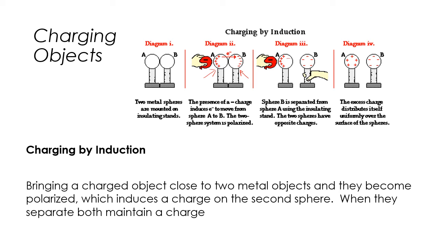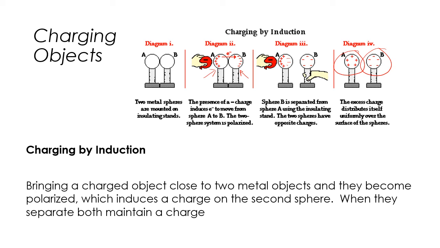A is still polarized with positive and negative charges, but some of its electrons have gone to B. So now A has lost electrons and has a positive charge, and B added electrons and has a negative charge. So really we're inducing charge here because we never actually touched an object.